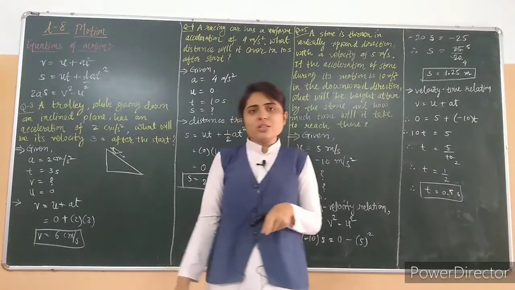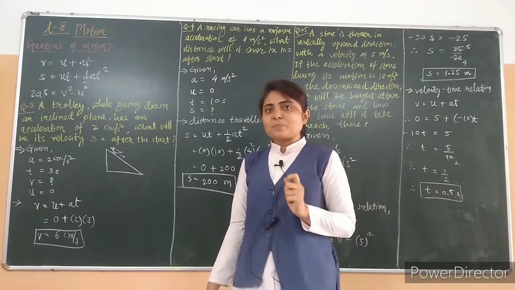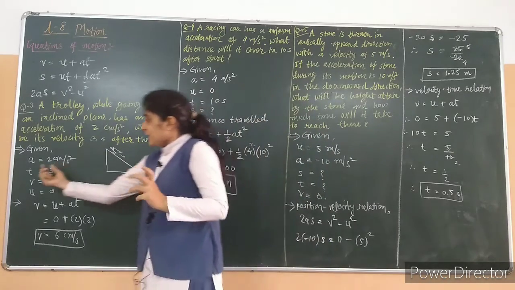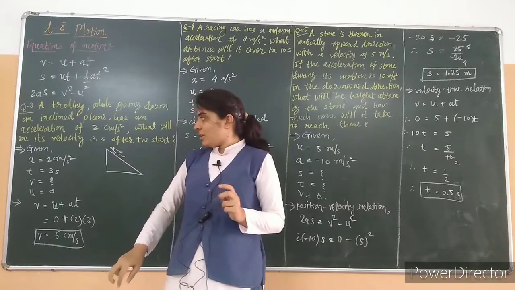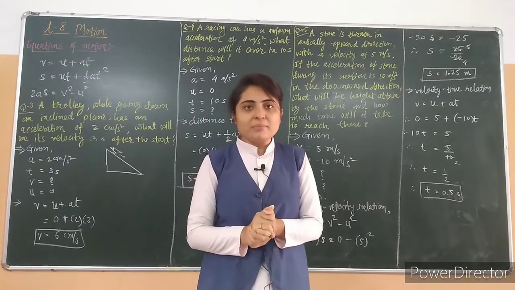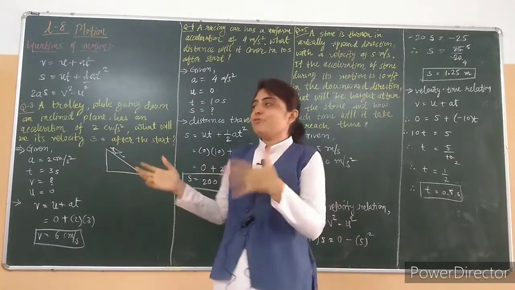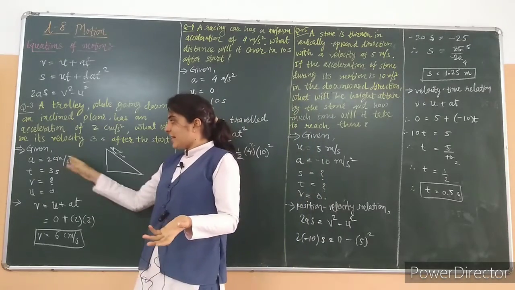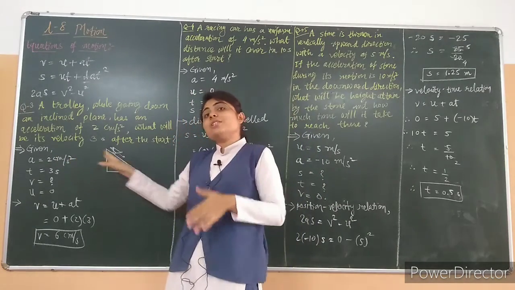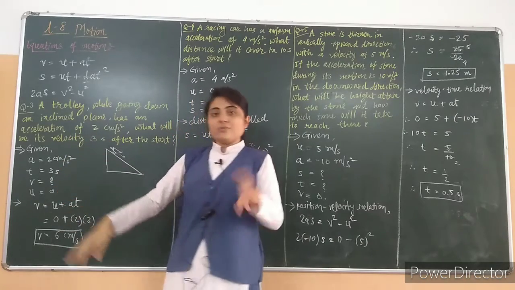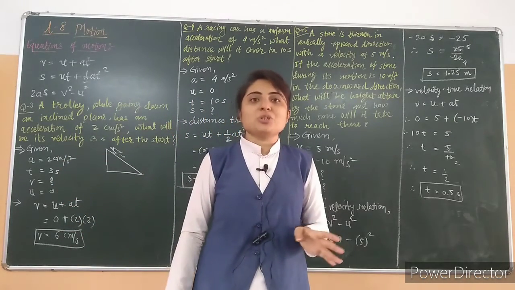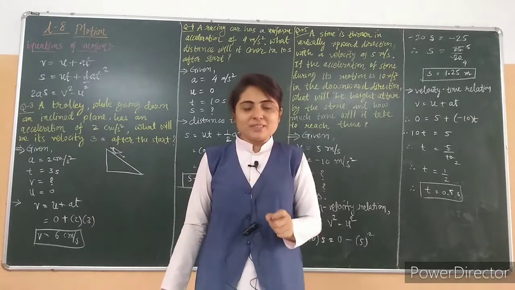Do we need to convert into meter per second square? See, time is given, 3 seconds. In both quantities, time is of the same dimension, second. So if we are not converting centimeter per second square to meter per second square, then the velocity will be in centimeter per second unit.